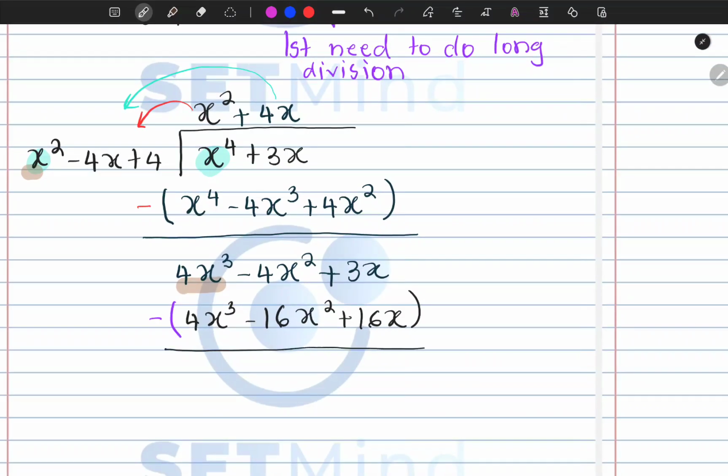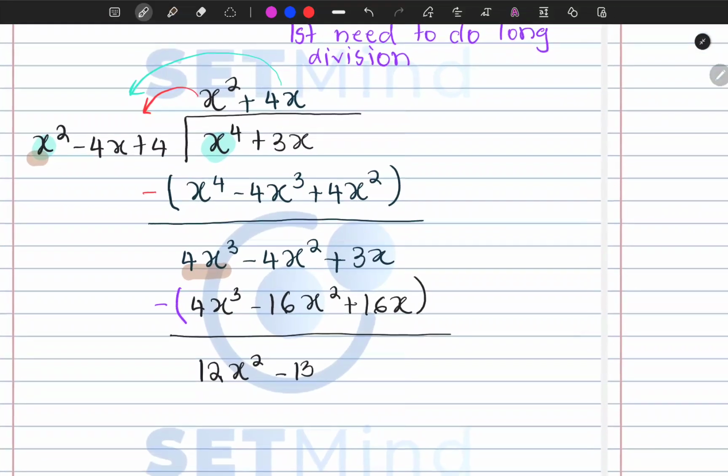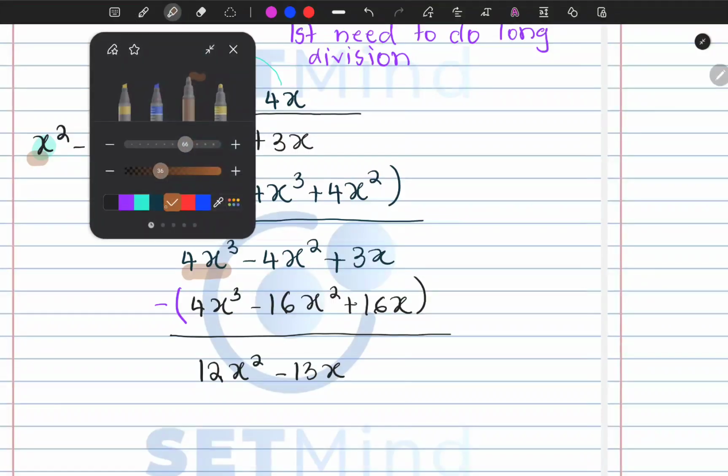And if you look carefully, these will subtract, so the 4x cubed and the 4x cubed will cancel. Then we'll be left with 16 minus 4, which will give us 12x squared. And we'll have negative 16 minus 3, and that will be minus 13. Okay, that is what we have. It's minus 13x. Just feel free to correct anything should I make a mistake.